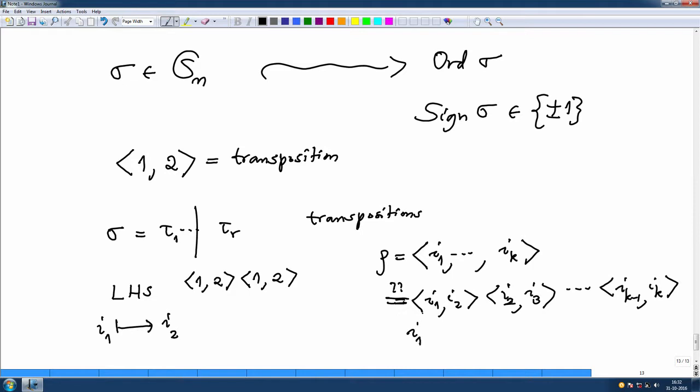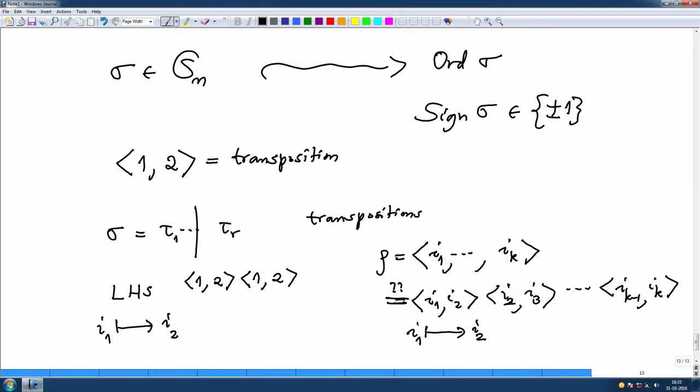Remember we are applying this first, then this, then this, and the last is this. Under this, i1 is fixed, because they are different elements. So i1 is not one of them, so i1 is fixed here and also fixed here, only moving under the first transposition, and there i1 goes to i2. So the result is the same.